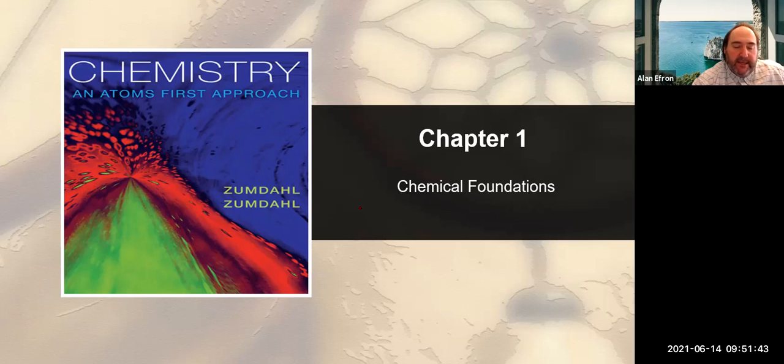So the way the book is set up and the way we lecture here is, as I mentioned, we really do start with the atom. We talk about the experiments that led to the understanding of the atom, the structure of the atom. We get into protons, electrons, neutrons. In the next chapter, we get into electrons, electron configuration, waves, and that type of stuff.